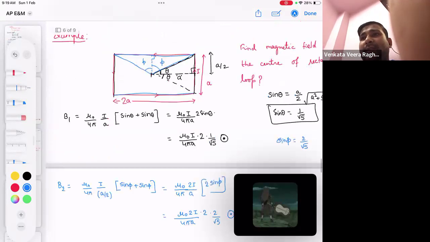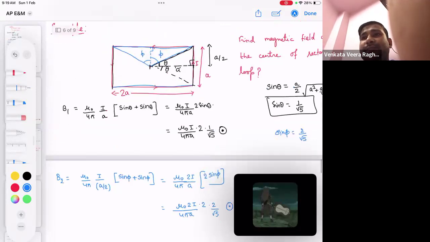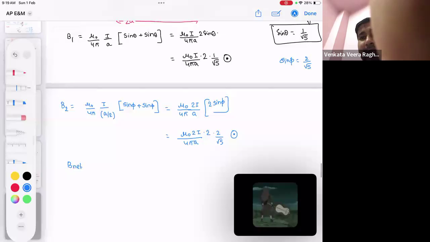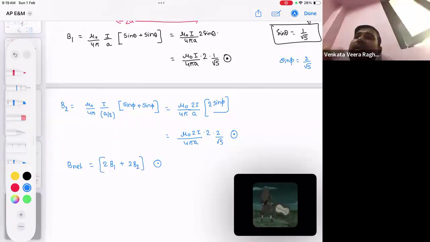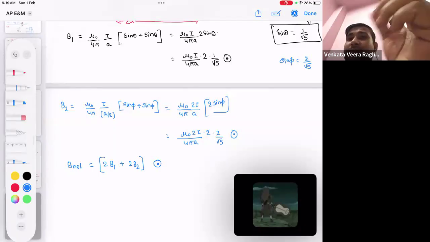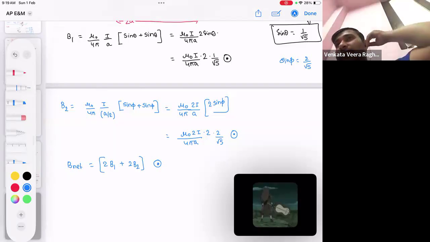Now, if I want the net magnetic field due to this rectangular loop, can I say the net magnetic field will come 2 times B1 plus 2 times B2? And what is going to be the direction? All the magnetic fields are out of the plane, so the net magnetic field will also come out of the plane only. Understand?